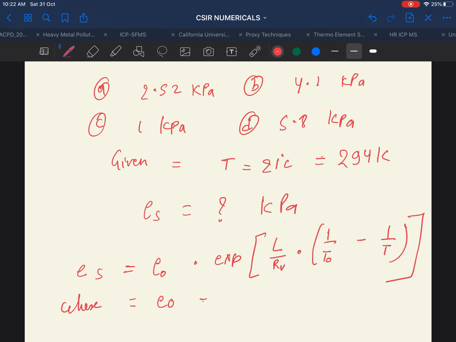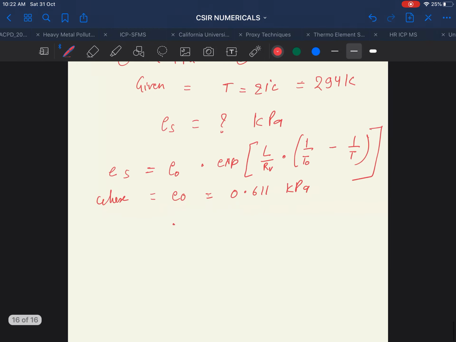E naught value is given, where E naught equals 0.611 kilopascal. This T naught is the constant, again it is 273 degree Kelvin. Okay, the base of the Kelvin scale.